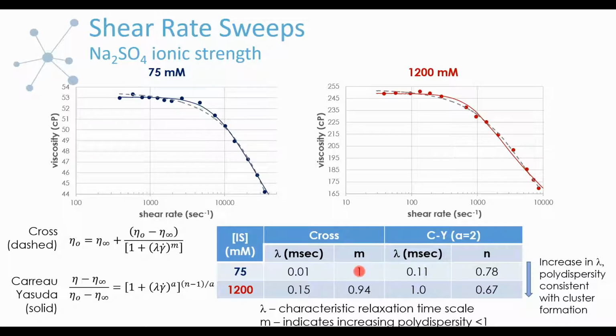And the analysis of this is that when you have m equals 1, that's closer to what is referred to as a monodispersed system. And as m goes down, the system is indicated to be more polydispersed.